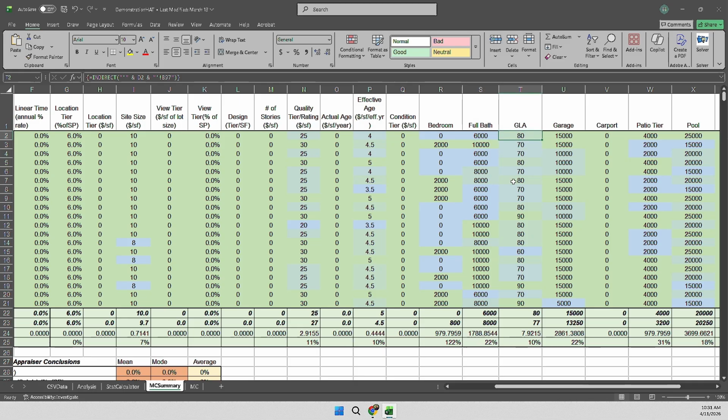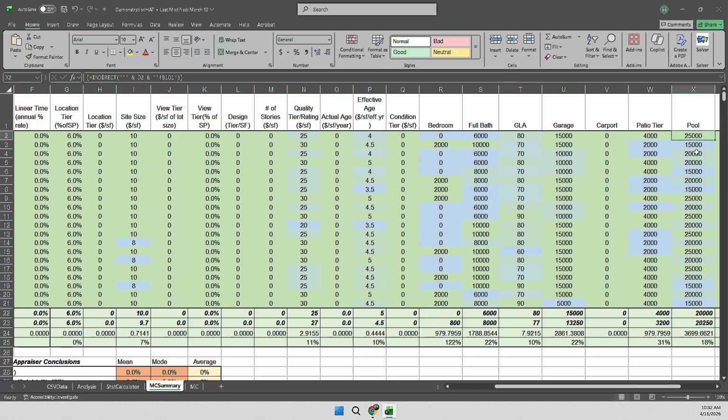So again, we need to look at them in context. So this near equivalent second adjustment set here, well, it's $30 for quality, $4.50 per square foot per year of effective age, and it does have a bedroom adjustment and a higher bath adjustment and a lower gross living area adjustment.